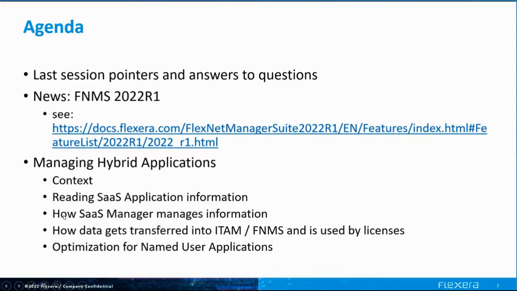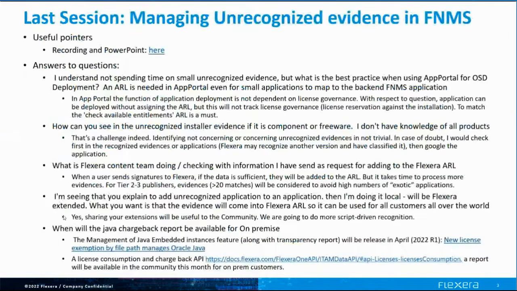I will be using a mix of this PowerPoint, where I have actually a lot of screenshots, so maybe it will make the presentation easier and more straightforward, and a little bit of demos on the live demo instance of Flexera One. Let's move on and let's start with the previous session.